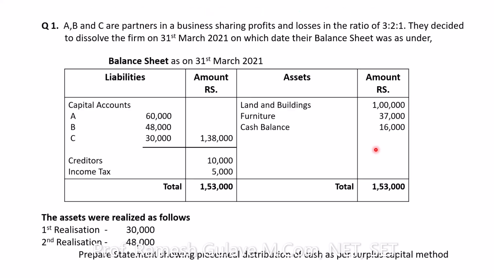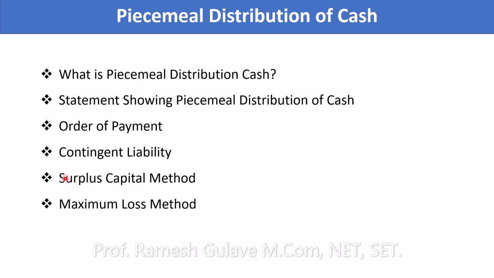At the beginning of this topic, we have discussed that in this topic we are going to study and understand these concepts. So the two methods are the surplus capital method and the maximum loss method. These methods are used to make payment to the partners' capital.